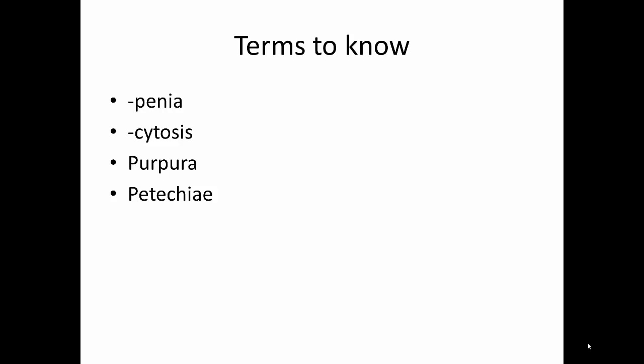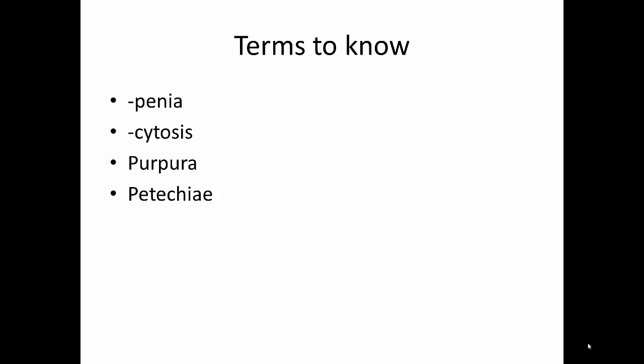So the patient can go to bed at night, not have any bruising, and then wake up with multiple bruises. They're frequently in areas that you don't associate with trauma, like the middle of the upper back. Places where people don't naturally just hit themselves.